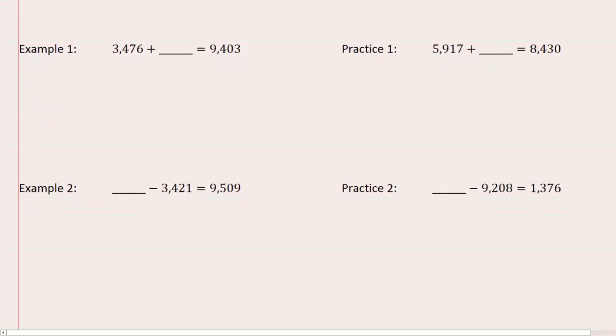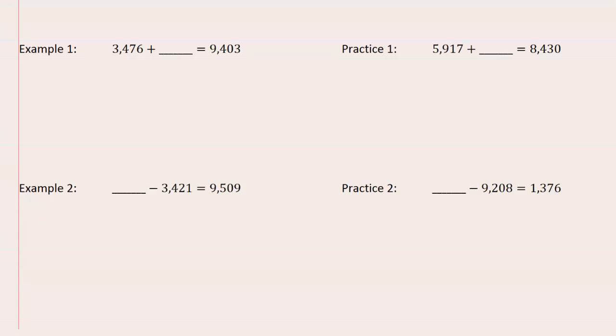So in example number 1, it says that we have 3,476 plus something equals 9,403. So I need to figure out what that something is. So how could I figure out what it was?